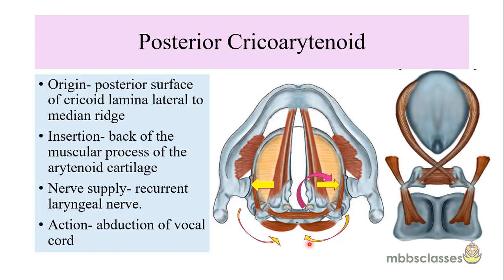So as we can see in this diagram, when it contracts, it rotates the arytenoid in the vertical axis, but opposite to the action of the lateral cricoarytenoid. So when the muscle contracts, it moves the vocal process away from the midline. So it leads to abduction of the vocal fold.